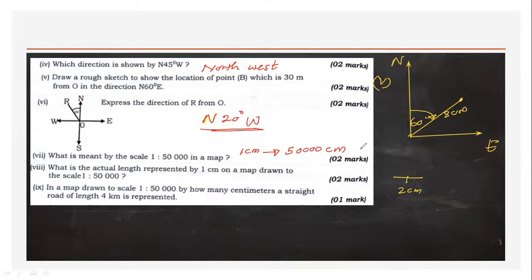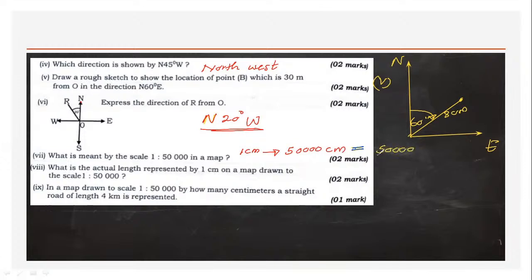It means you can write 1 centimeter equals 50,000 centimeters. I use the yellow color to write here. 1 centimeter. 500 centimeters, we can convert this to meters first.